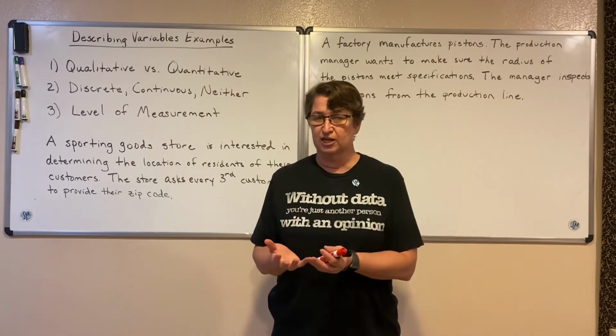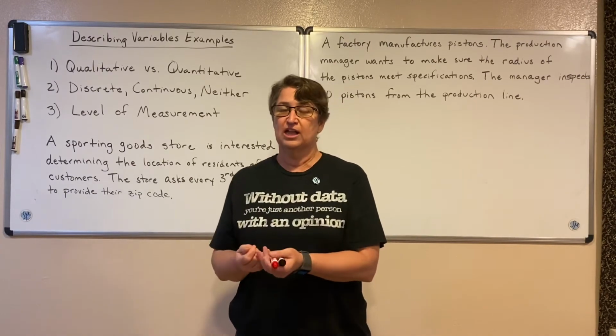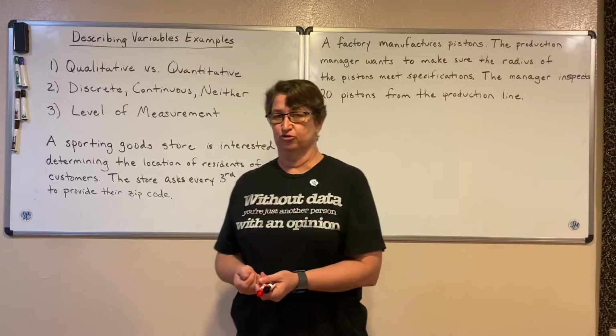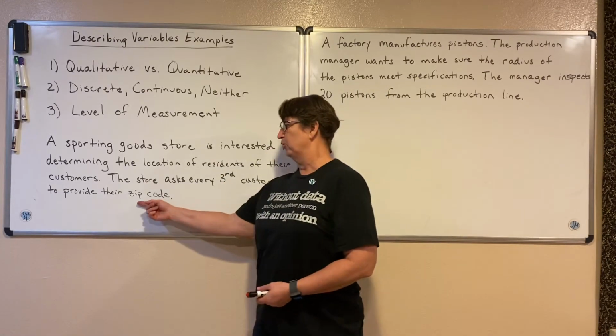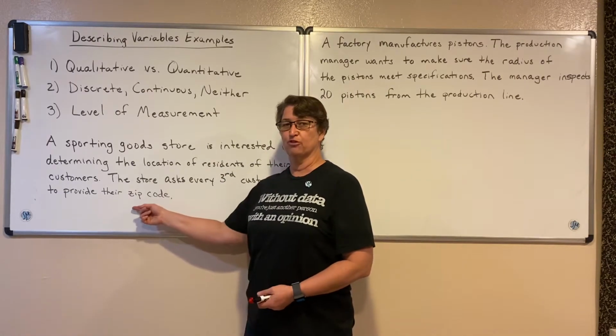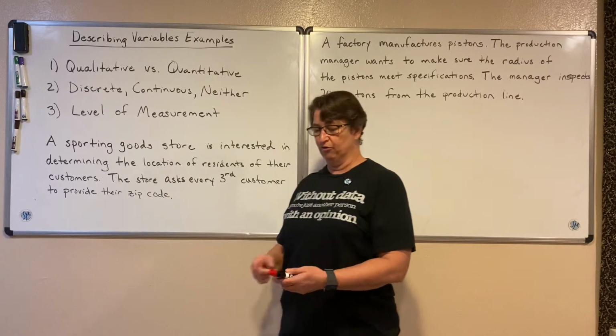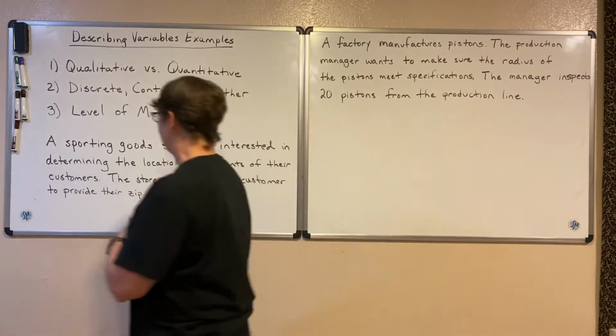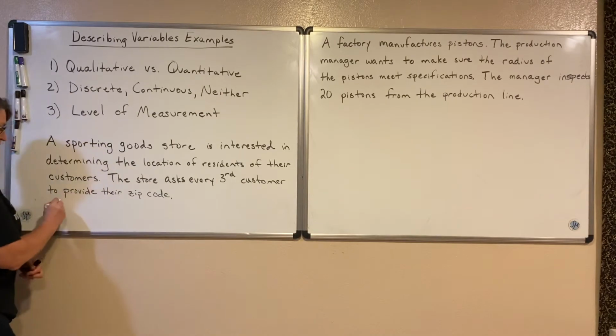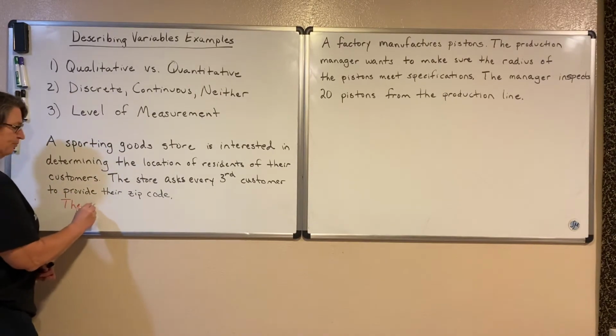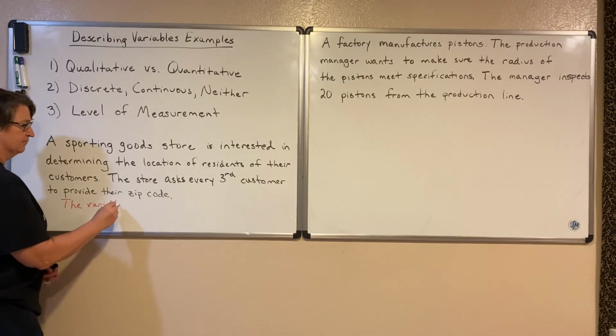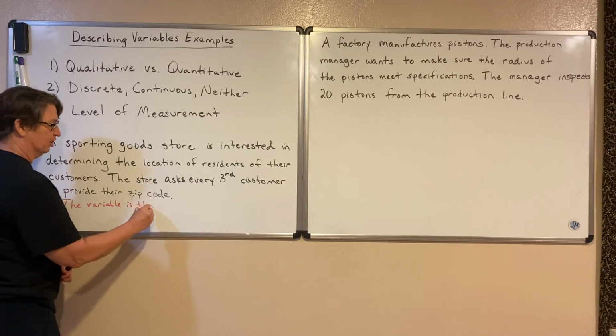What is your data going to look like? What is it that we're collecting from each of our customers? And it tells us that we are collecting from each customer the zip code. So here, the variable that we'll be describing is the zip code.